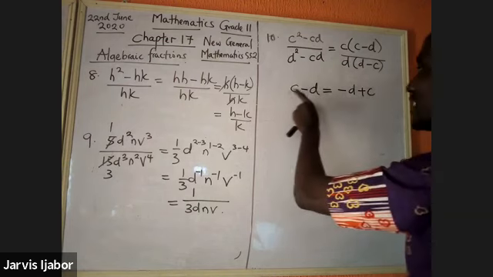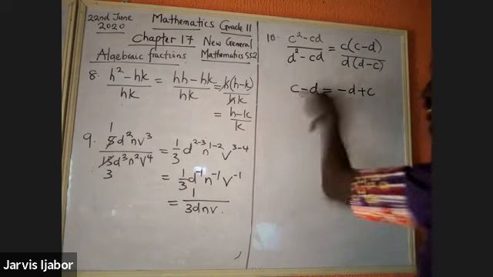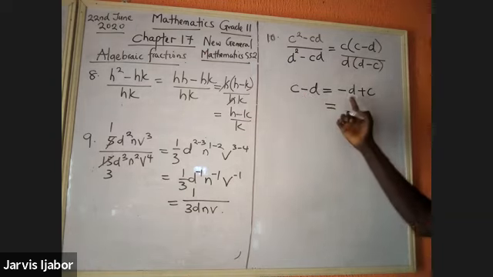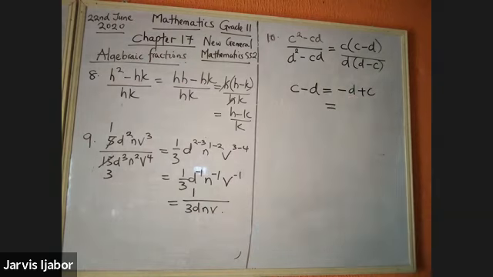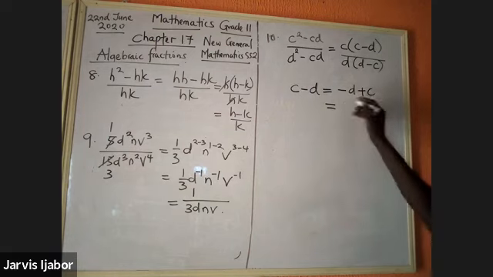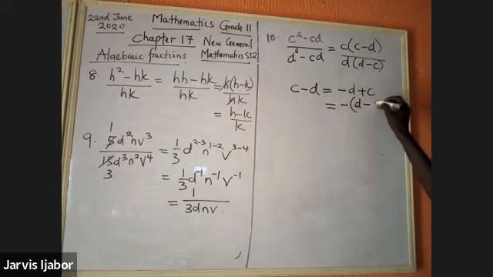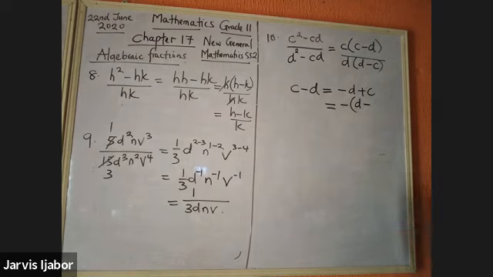Remember that every letter carries a unique sign with it. So with that in place, I can also factor out negative from any one of them. If I factor negative from this, I'm going to have negative into d minus c.